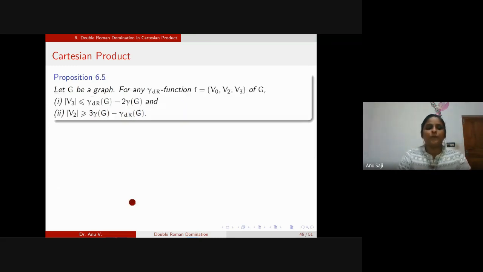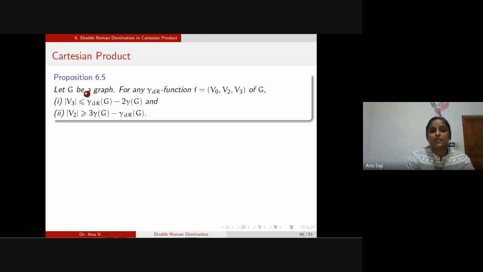Now, look at this inequality. Here, V0, V2, V3 mean the sets of vertices with the values 0, 2, 3 respectively. We have already seen that we don't need the value 1. That's why we are omitting the vertex set V1 here.